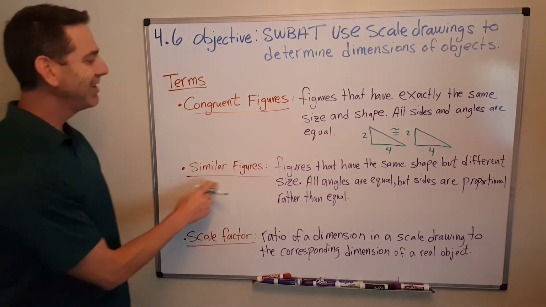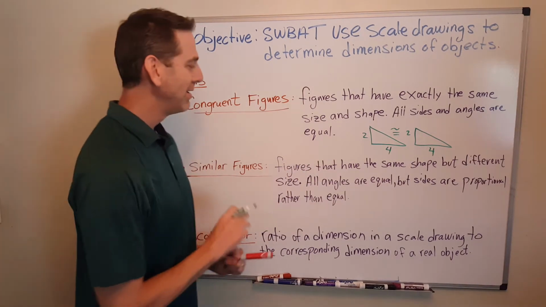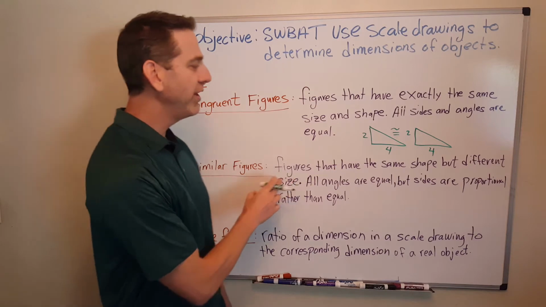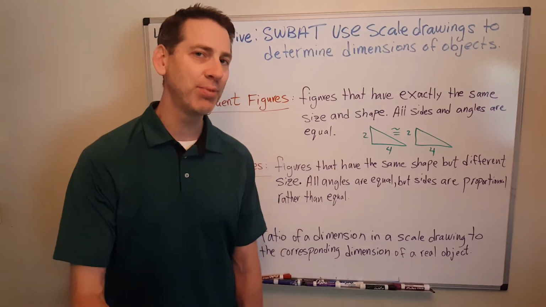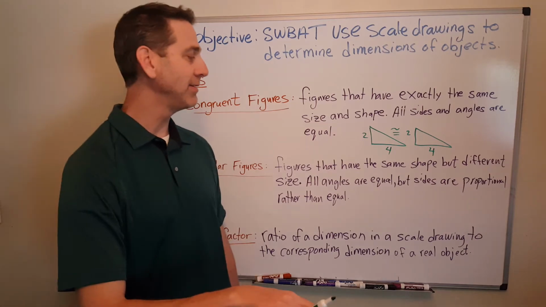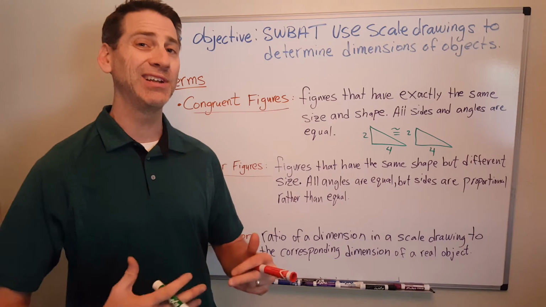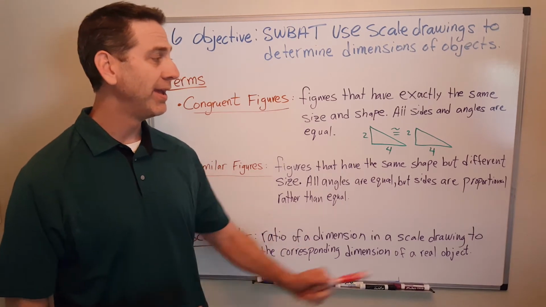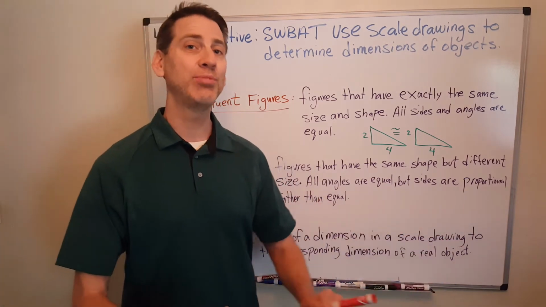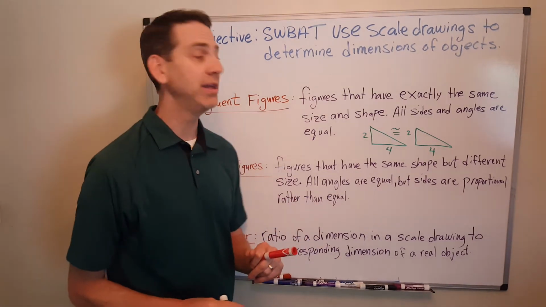Similar figures are different though. Similar figures are figures that have the same shape but different size. So for similar figures, all the angles are going to be equal, but the sides are going to be proportional rather than equal.